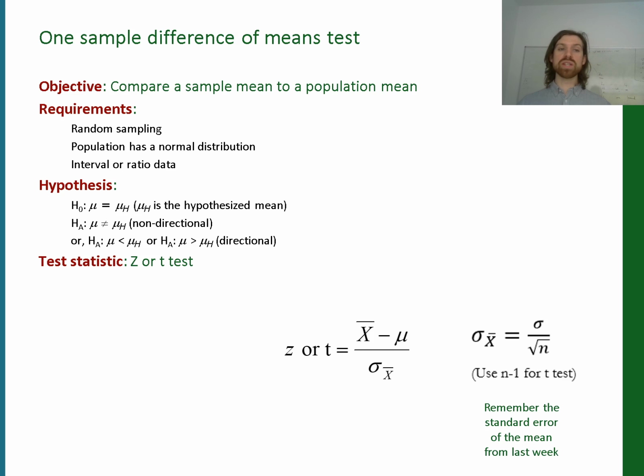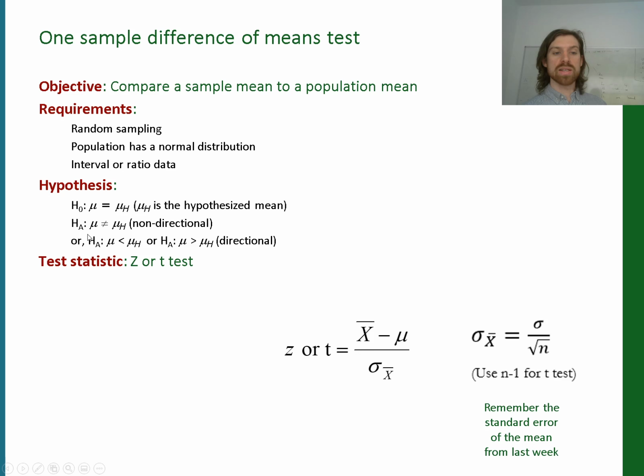And then finally, we need to assume that this is interval or ratio data. And we're able to set the hypothesized mean here. So essentially this is the null hypothesis. We're able to set the null hypothesis, which is that mu, which is the population mean, is equal to the sample mean, so the hypothesized mean.